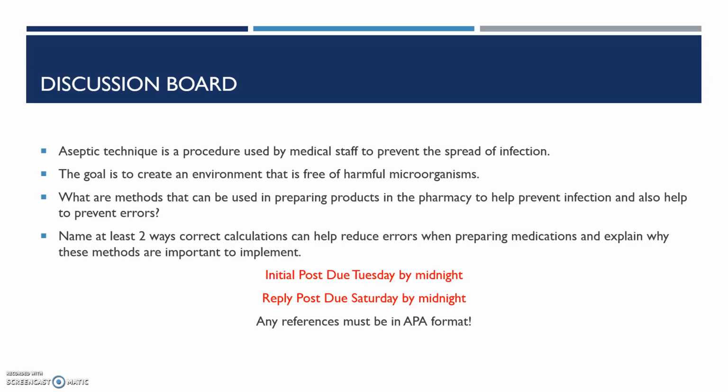The discussion board asks what methods can be used to help prevent infection in pharmacy and also help prevent errors at the same time. I want you to name at least 2 ways to correct calculations that can help reduce errors when preparing meds and explain why these methods are important to implement, while also talking about keeping down infection risk.